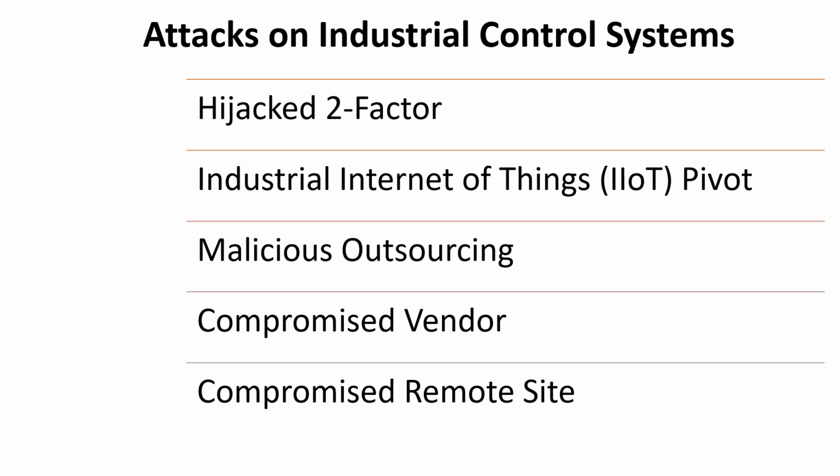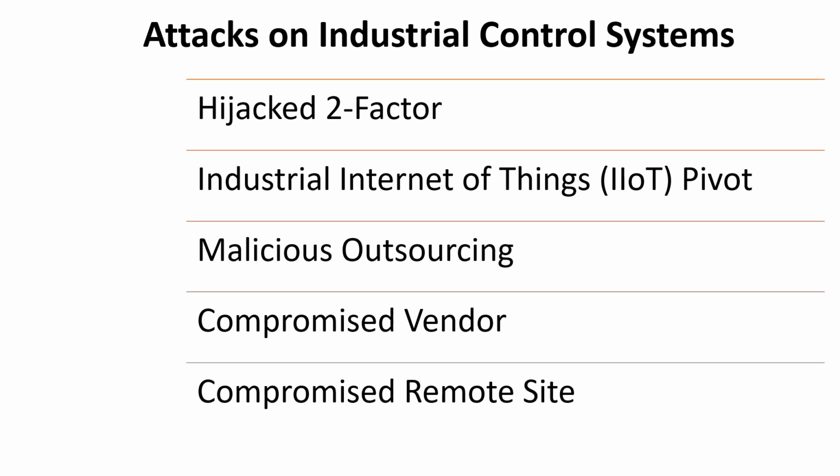Industrial Internet of Things pivot. Poorly defended industrial IoT devices are used as entry points for attack in this case. Malicious outsourcing. The outsourcing of remote support functions for control system components may be used to compromise an ICS RE system. Compromised vendor.